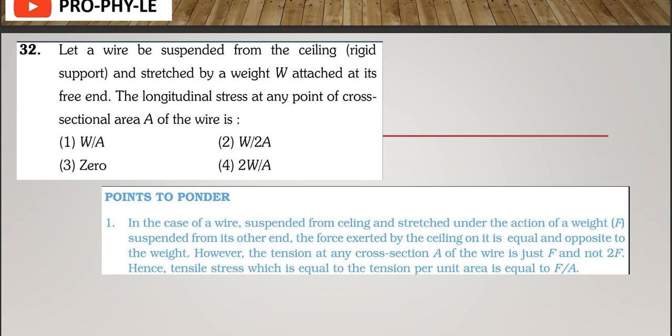The longitudinal stress at any point of cross-section area of the wire is, so you have the direct answer: it will be W by A. In the case of a wire suspended from the ceiling and stretched under the action of a weight suspended from the other end, the force exerted by the ceiling on it is equal and opposite to the weight. However, the tension at any cross section A of the wire is just F and not 2F. Hence, the tensile stress, which is equal to tension per unit area, is F by A.